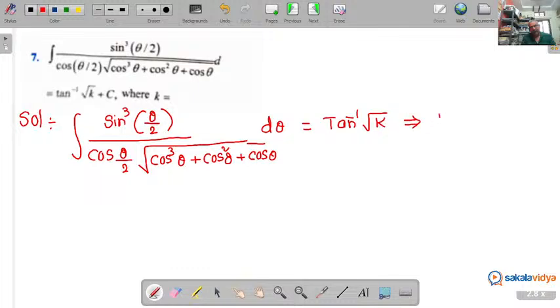That implies the value of k in terms of trigonometric ratios that we need to find out. So how to proceed for this problem? Okay, first write down this one.